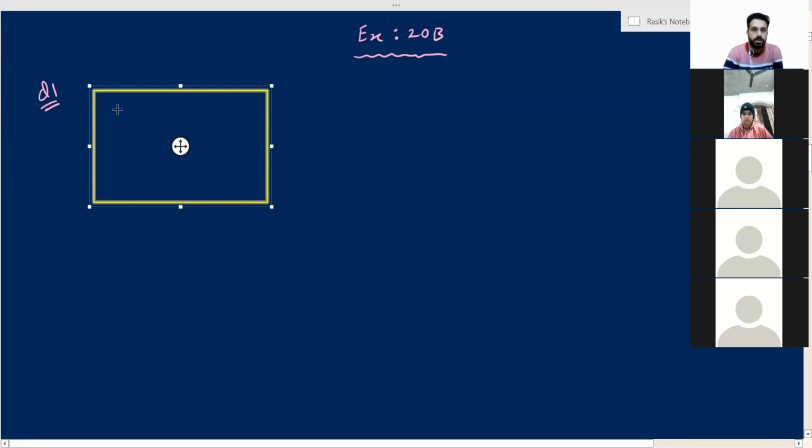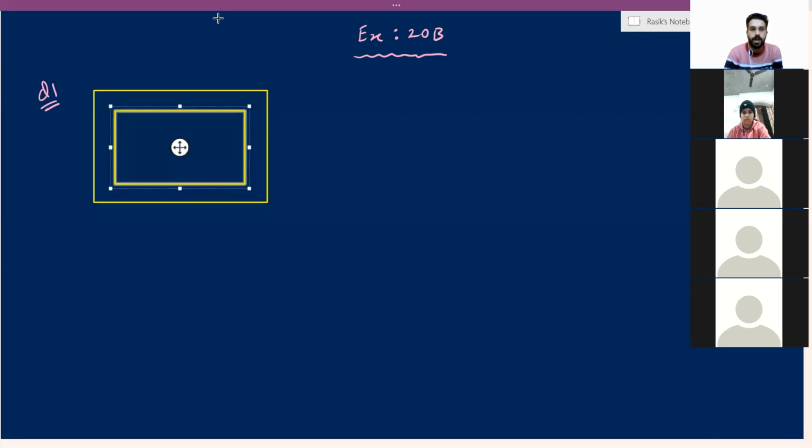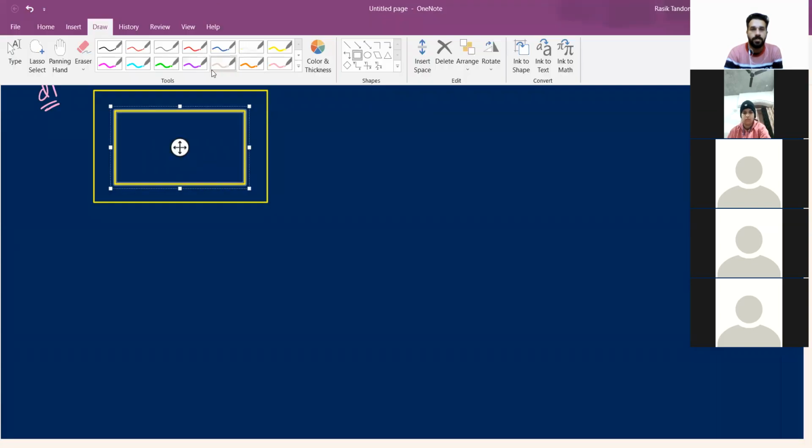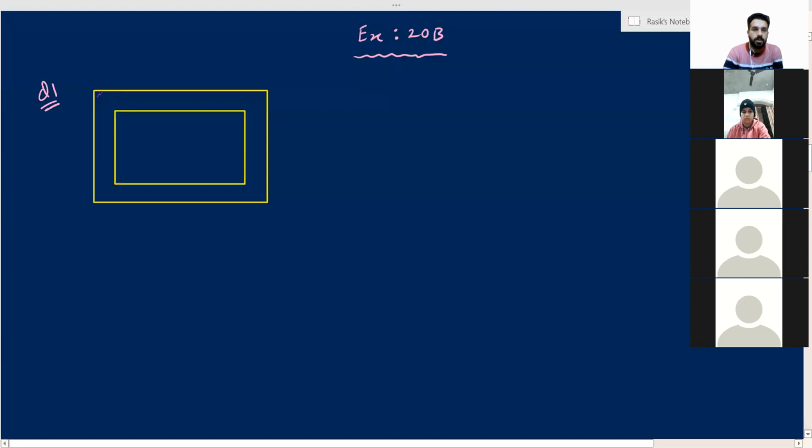That means it has something like this. Okay, so this area between the two rectangles, this is the path. Let me shade the path for you. Can you see the path?